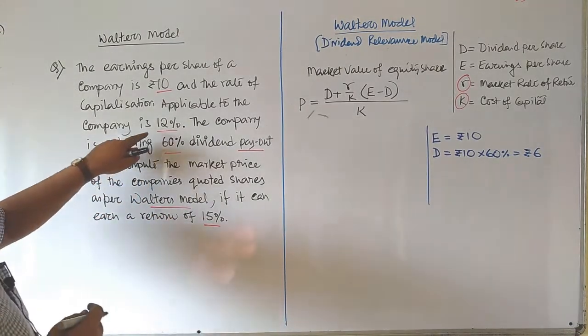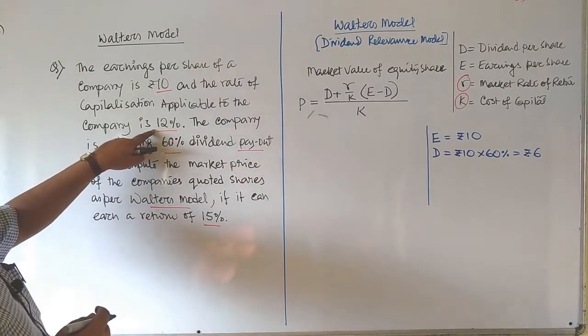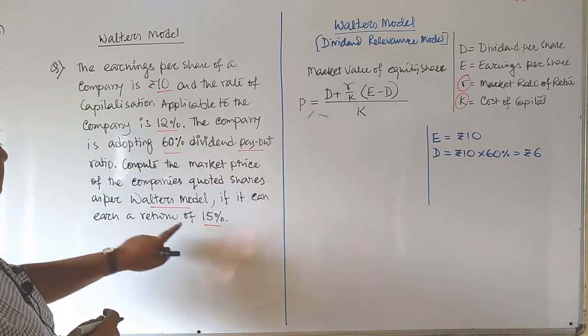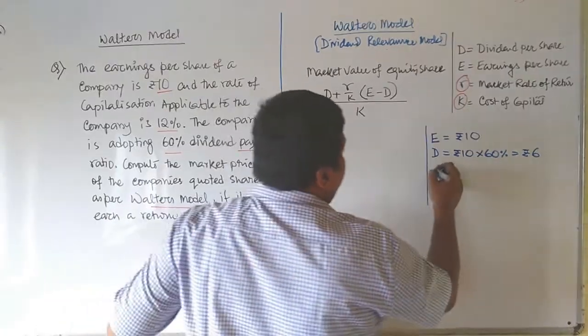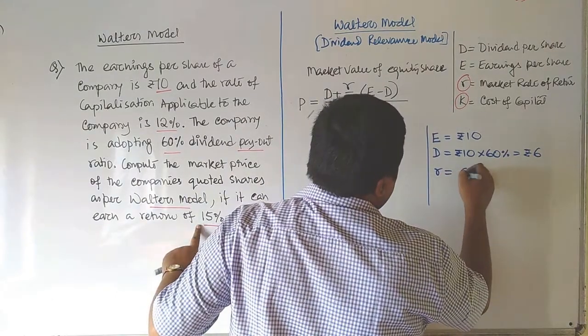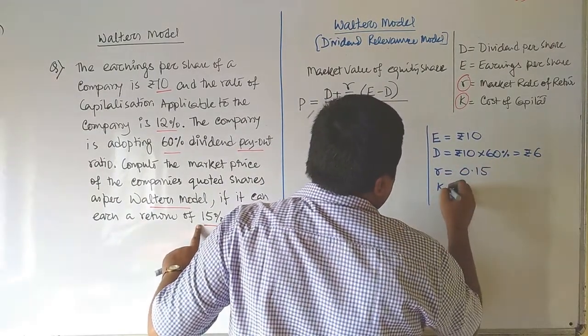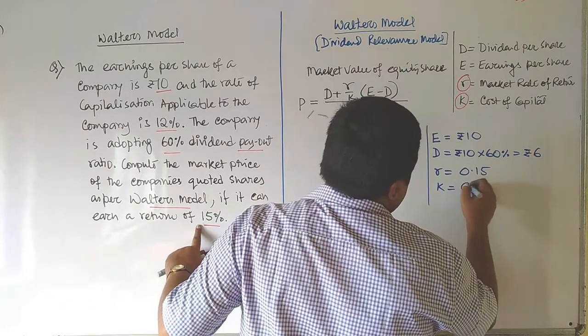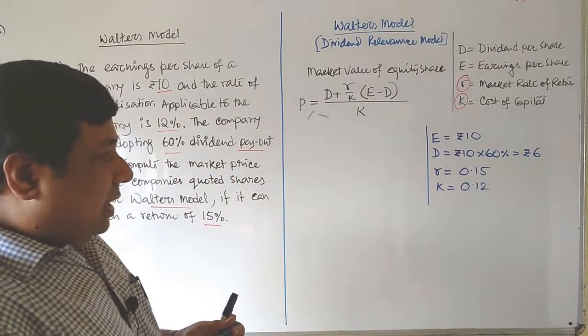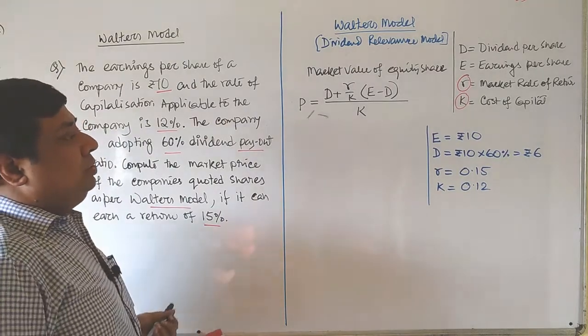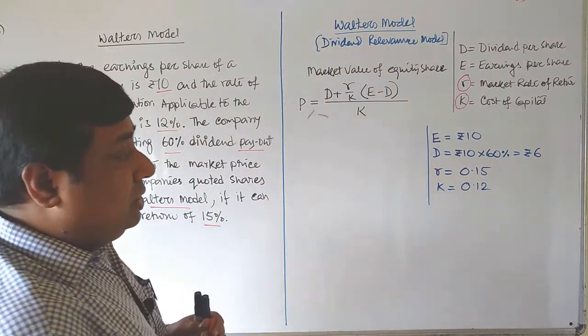It is also available that the capitalization applicable to the company is 12% and the return of the business is 15%. Then R stands for return, that is 15%, and K stands for cost of capital, that is also available here, 12%. As I said, R and K, these two pieces of information are very much indicative.